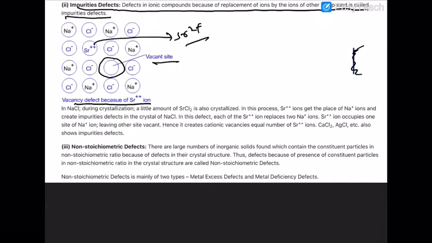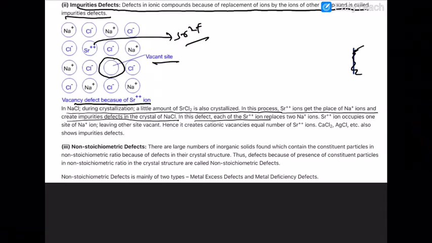In case of NaCl during crystallization, if a little bit of strontium chloride is added, in the process Sr2+ ions go in place of Na+, and that will create an impurity defect in the crystal of NaCl.